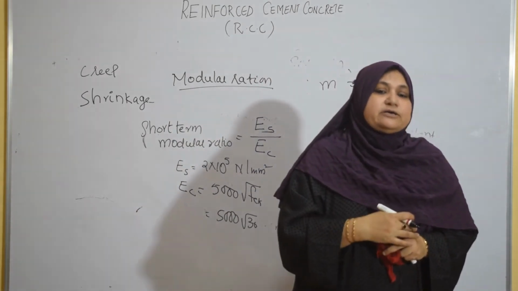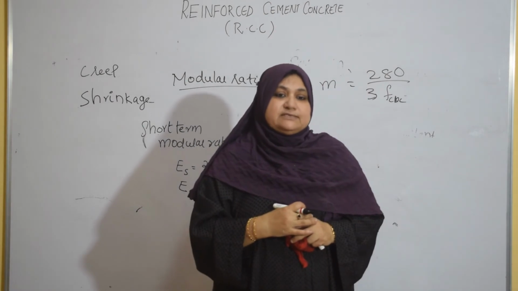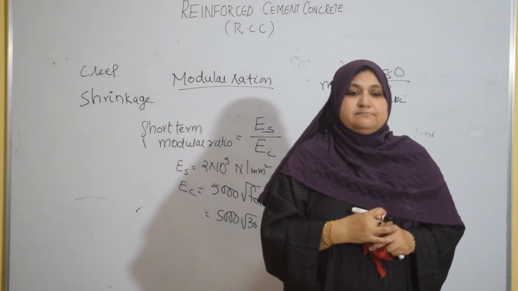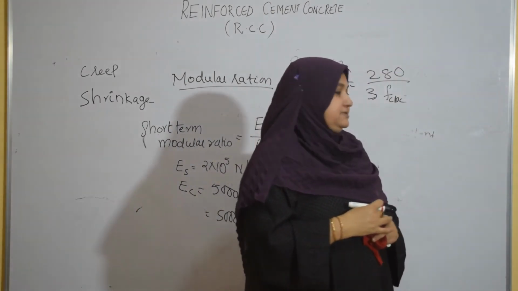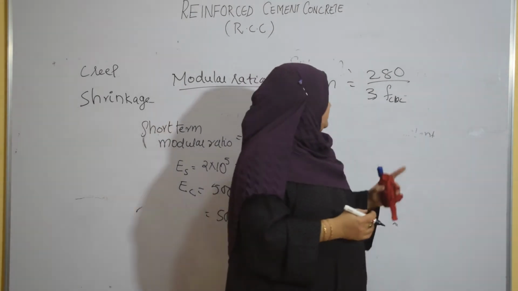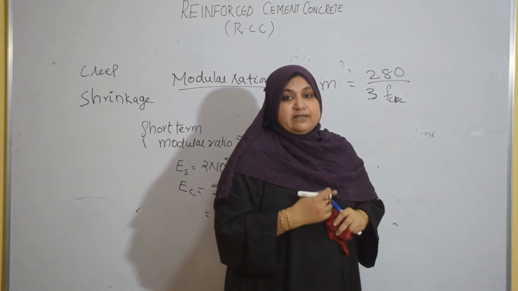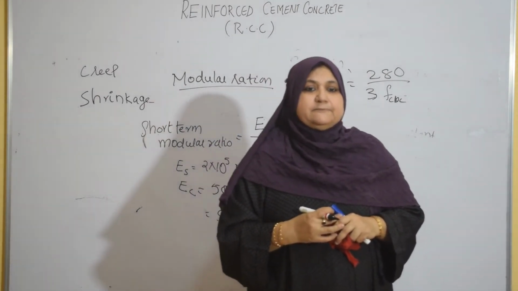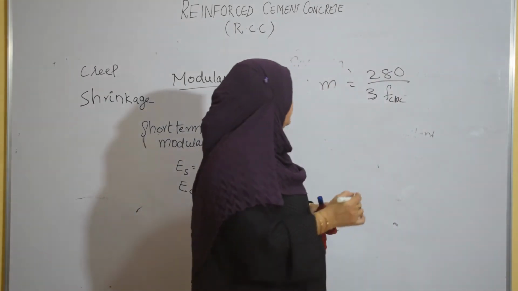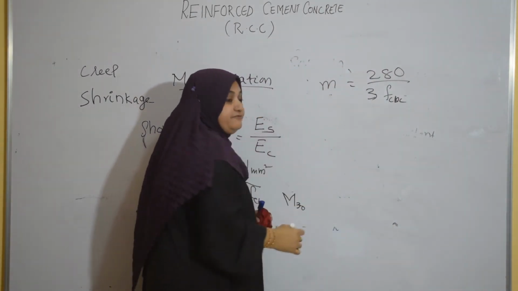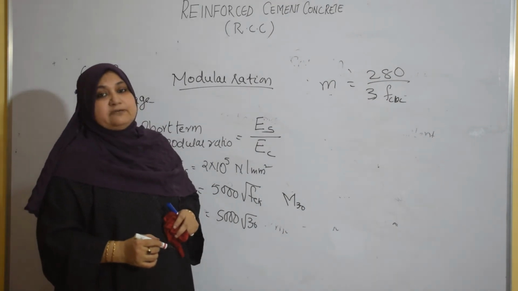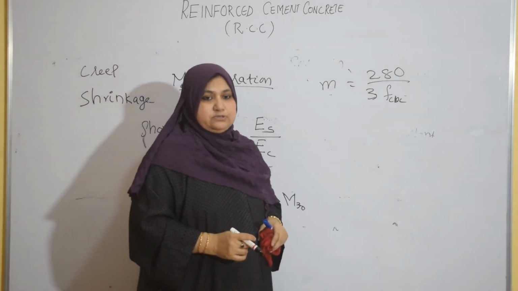So the long-term modular ratio is given by IS 456 as 280 by 3 sigma cbc. Depending upon the grade of concrete, we can put the value of sigma cbc. In this modular ratio, the effect of creep and long-term deflection is taken into account.